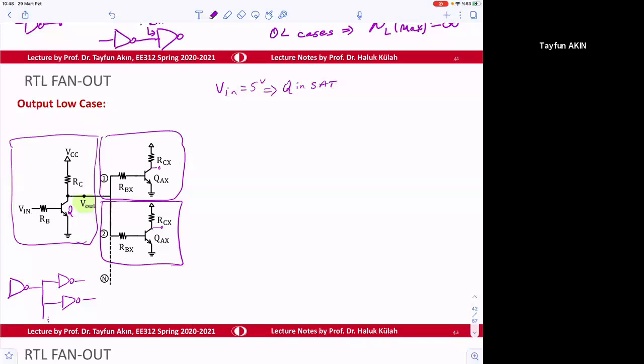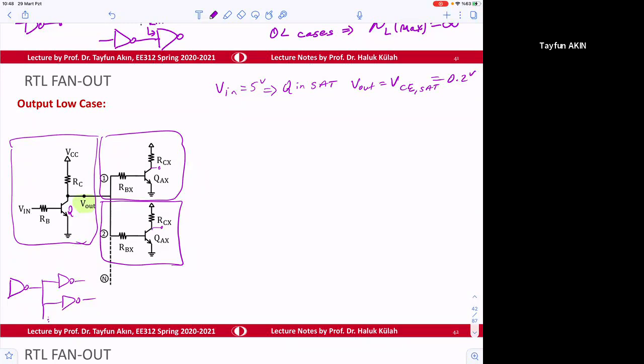Since it is in saturation, we know that output voltage V out is going to be equal to the collector-emitter saturation voltage, which is 0.2 volt.